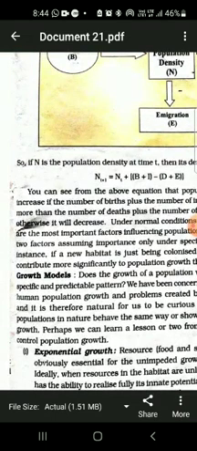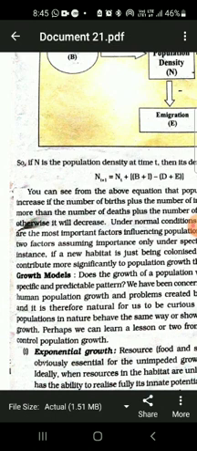So if N is the population density at time t, it is represented as N subscript t, and then its density at time t plus 1, that is the next unit of time added to time t, is N subscript t plus 1.